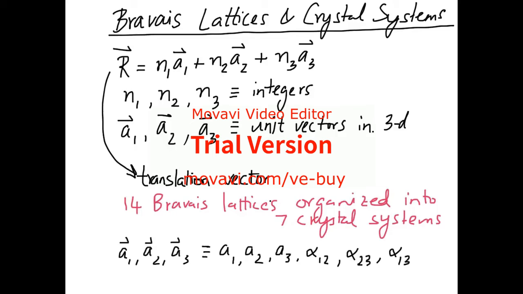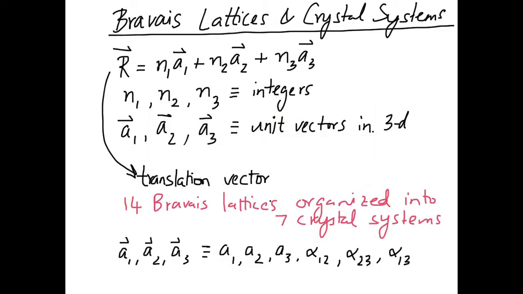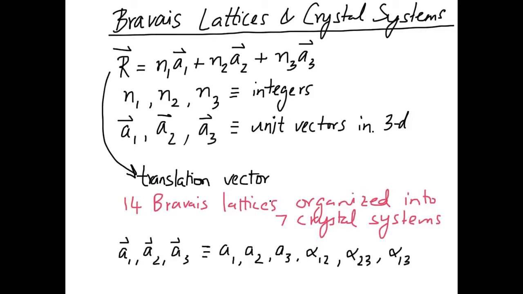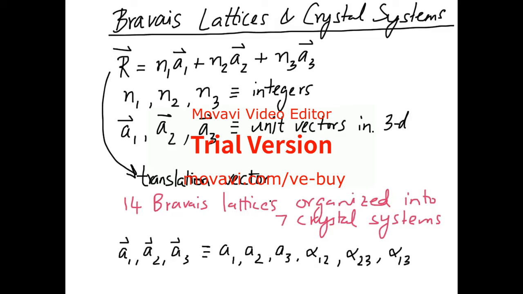So before we dive into the 14 Bravais lattices and 7 crystal systems, let us make an important observation. In three-dimensional space, a unit cell may be defined in terms of the three unit cell vectors A1, A2 and A3, and we have indicated that those are vectors by putting arrows at the top. Now those three quantities can actually be traded off for 6 other scalars.